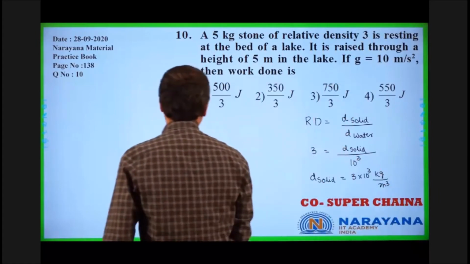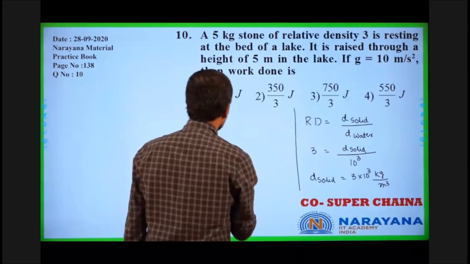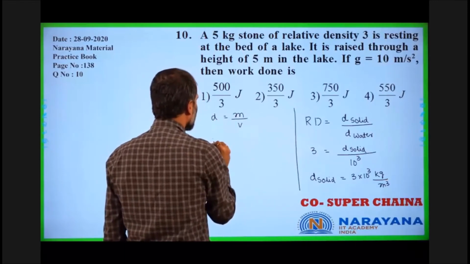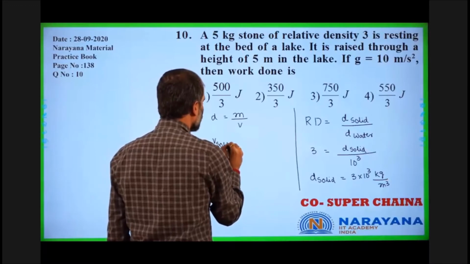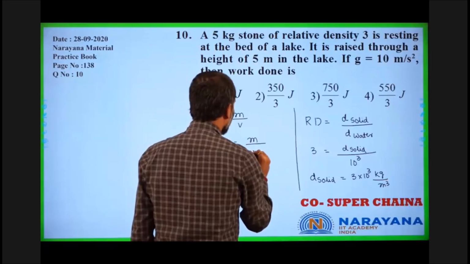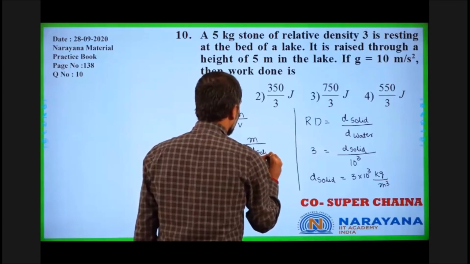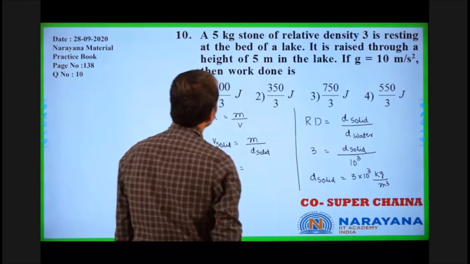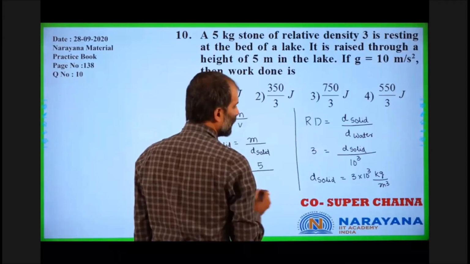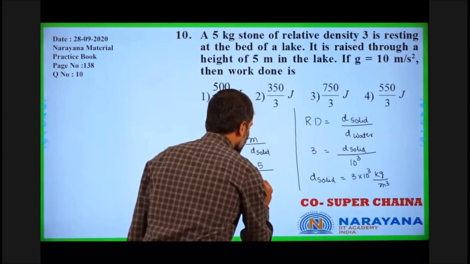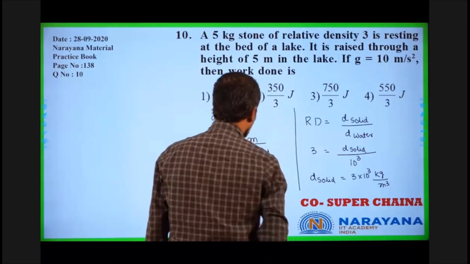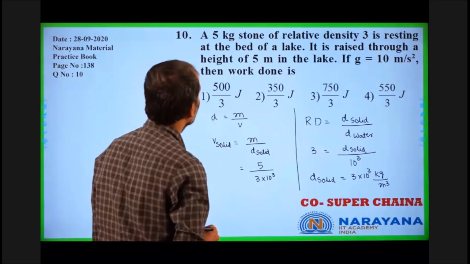And we know that density is equals to mass by volume, and hence volume of solid is equals to mass by density of solid. Mass of the body is 5 by density of the solid, which is 3 into 10 power 3.